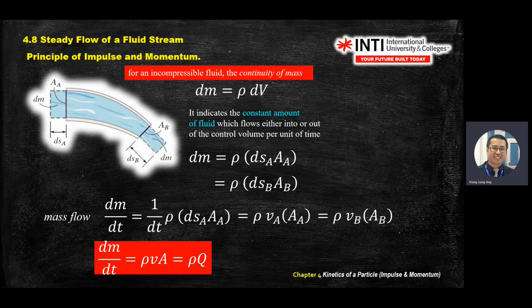The change of mass, or mass flow rate, will equal rho VA equal to rho Q if you study fluid. Right? This is for fluid mechanics. For engine dynamics, F equal to ma is the core, or you can say the king of equations in engine dynamics. F equal to ma.